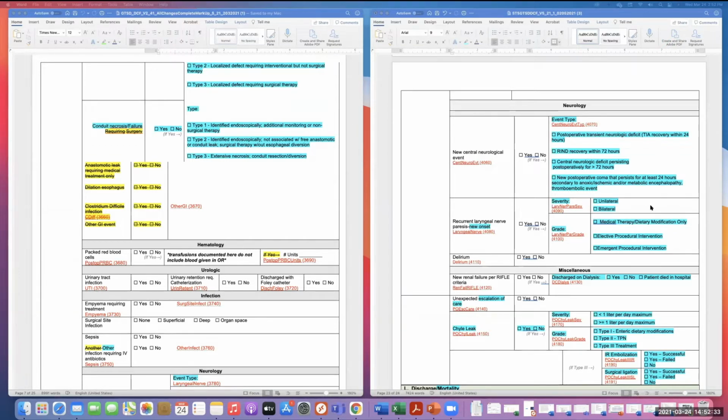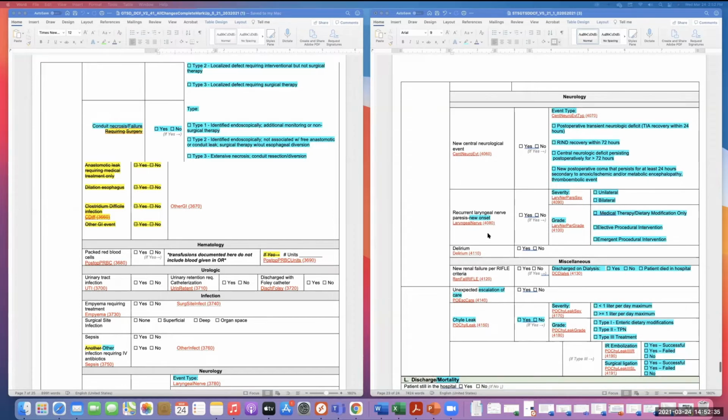And then recurrent laryngeal nerve paresis that's new, and whether it's unilateral or bilateral, and what needed to happen to help the patient with that. Is it just medical or dietary modifications, like thickened liquids? Did they get an elective injection of silicone, or did something emergently have to happen, like a tracheostomy?